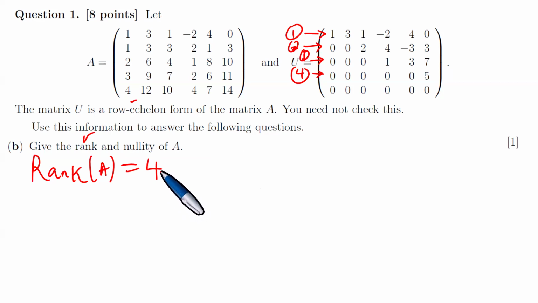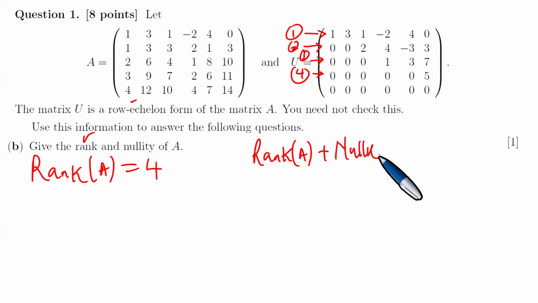What is the nullity of the matrix? The rank of A plus the nullity of A is always equal to the number of the columns of the matrix A. That is a theorem.